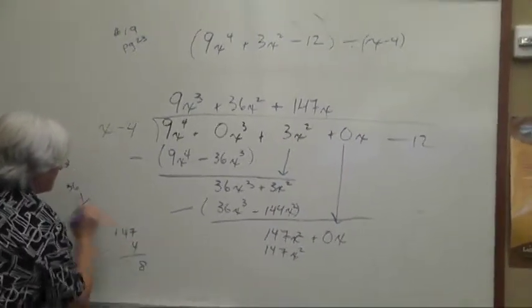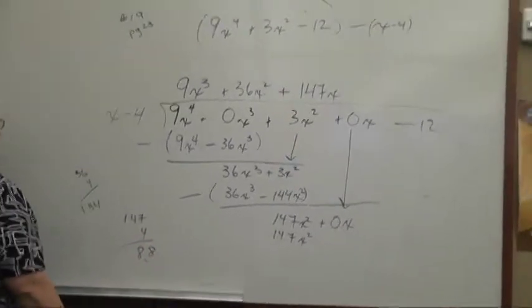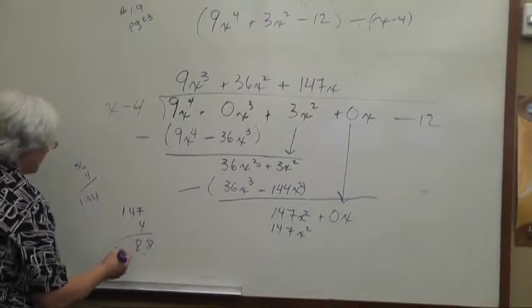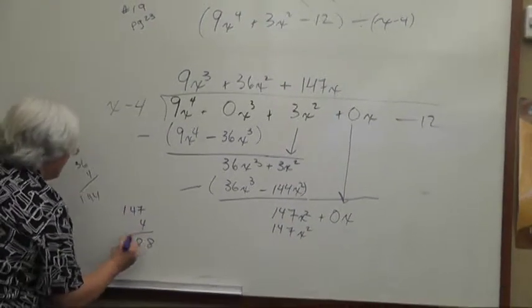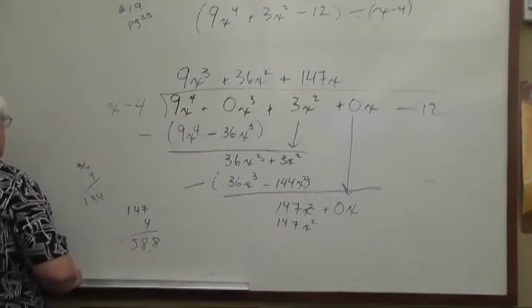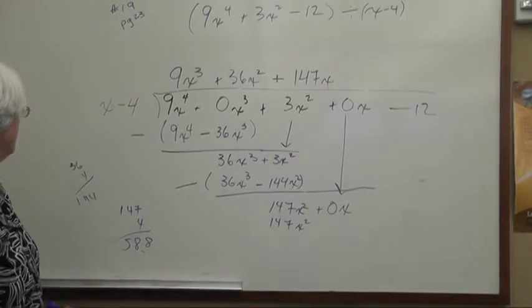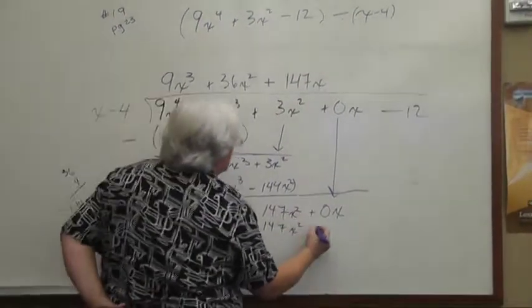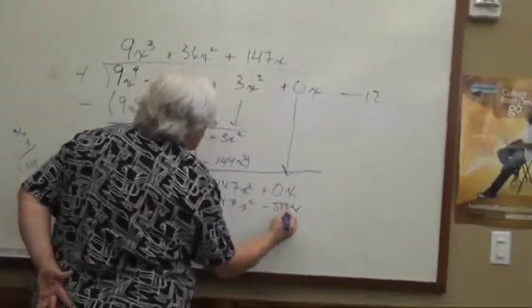4 times 7 is 28, 4 times 4 is 16, 17, 18, and it's possible that my remainder is going to be just all messed up royally. 4 and 5, is that right, Rachel? No, yeah, that's going to be right. 588, minus 588x.